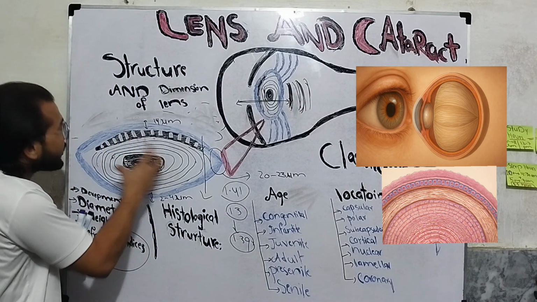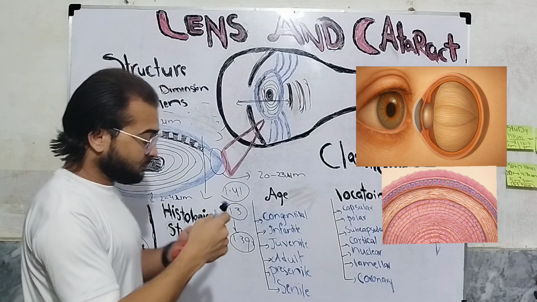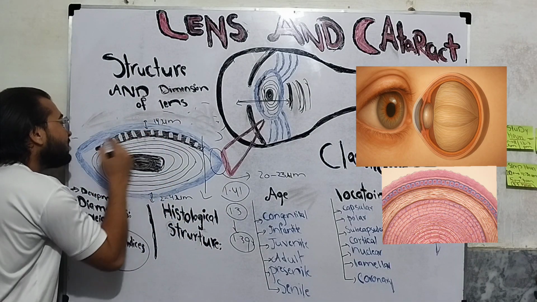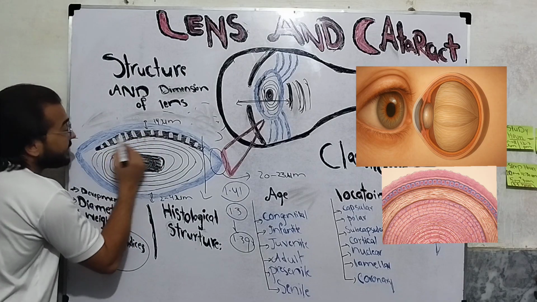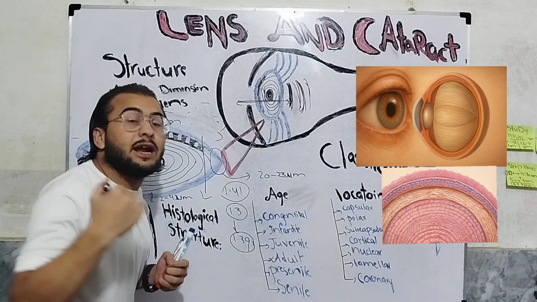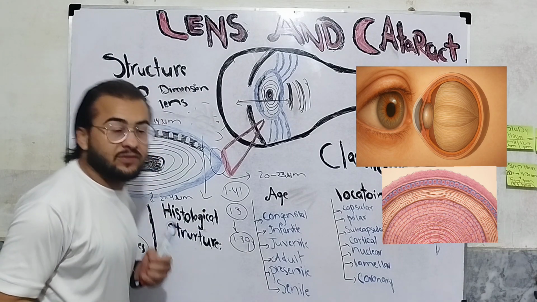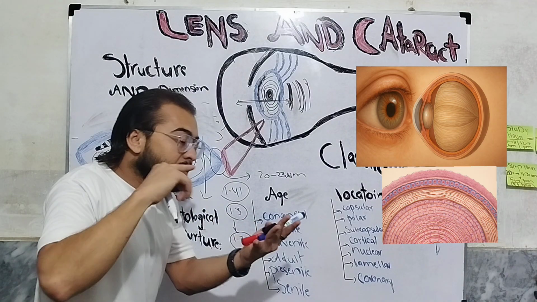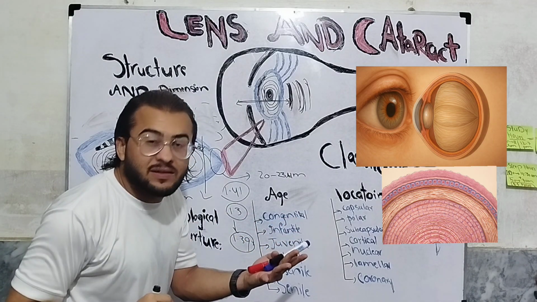Now the second structure in the lens is the epithelium. The structure which is present under this capsule at the anterior pole is called epithelial cell of the lens. And these epithelial cells are a single layer of cuboidal cells, okay.